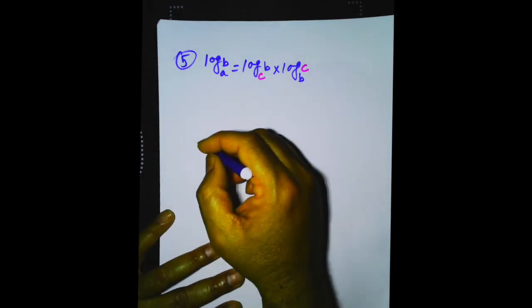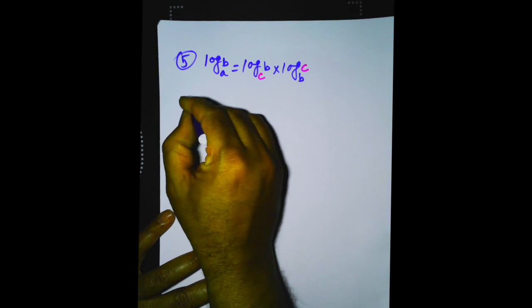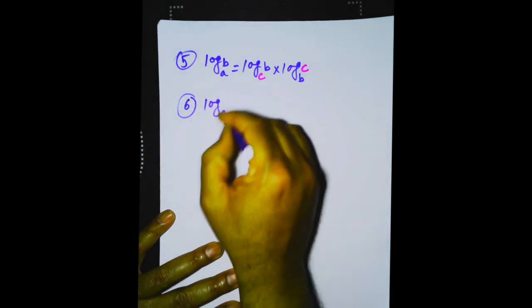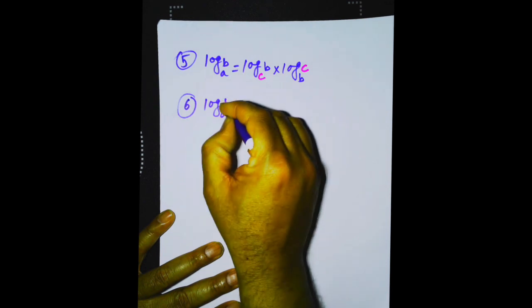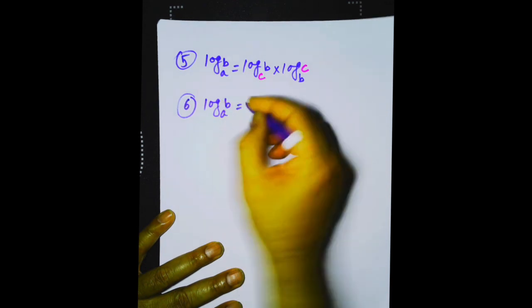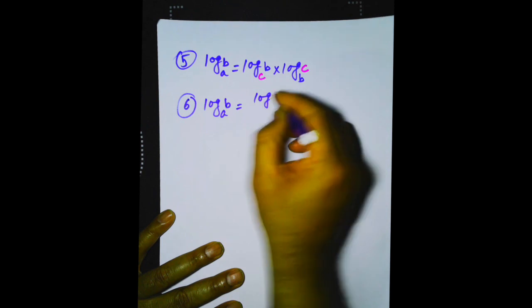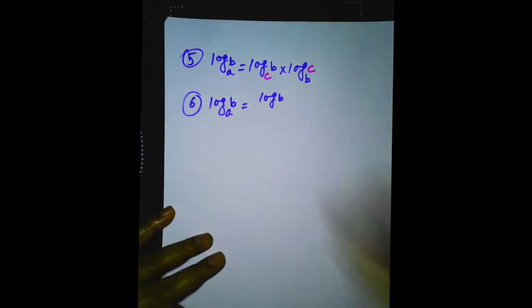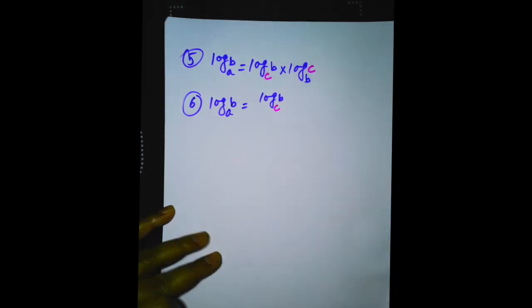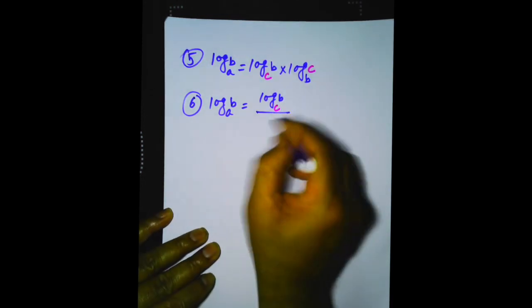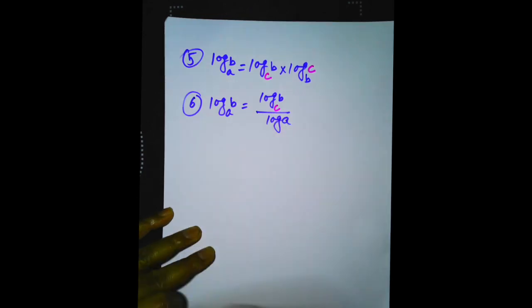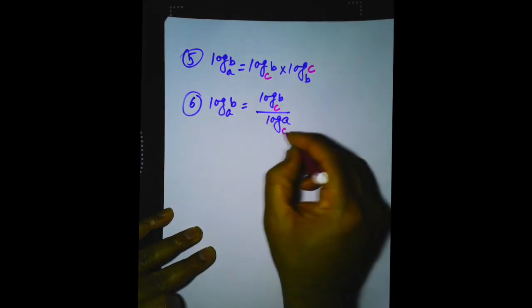And there is another law that you can see here: log base a for b is going to be equal to log of b, and if there is any number c introduced here, then down to that it is a, so we write log of a with the number c.